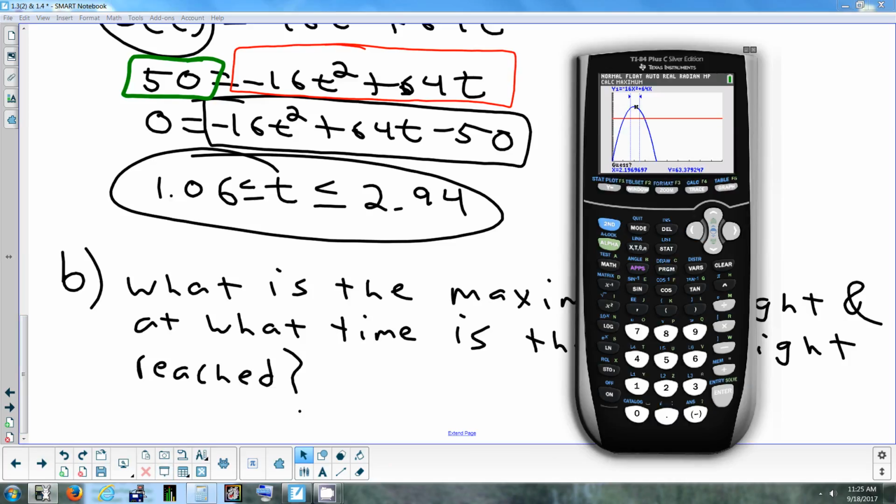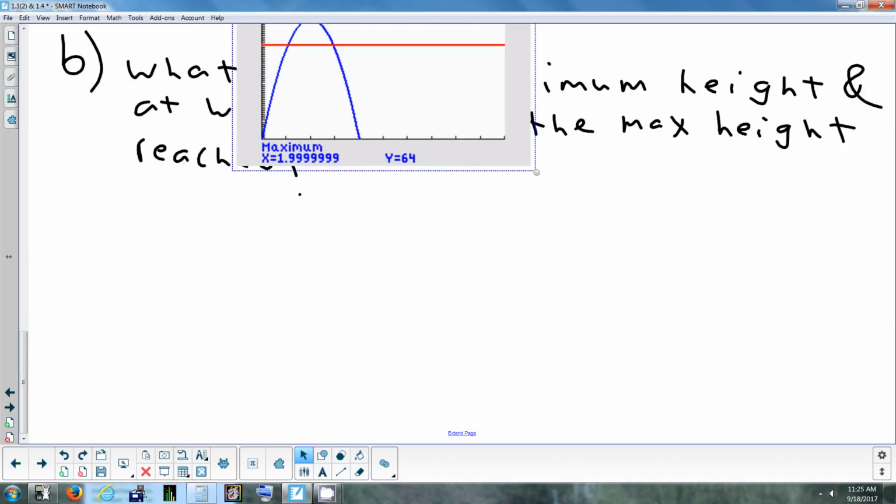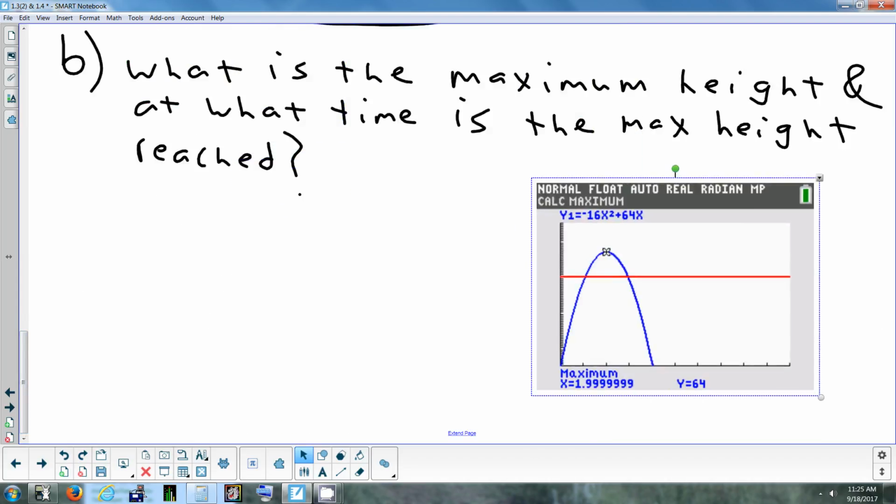Just put it between the two dotted lines. Hit enter. And I get that. So let's interpret what that means. Anyone think they can tell me the answer to either part of that question based on what we just found?